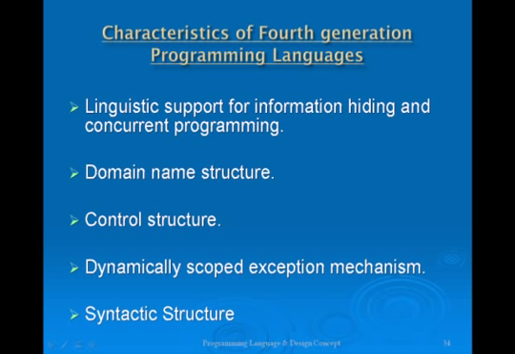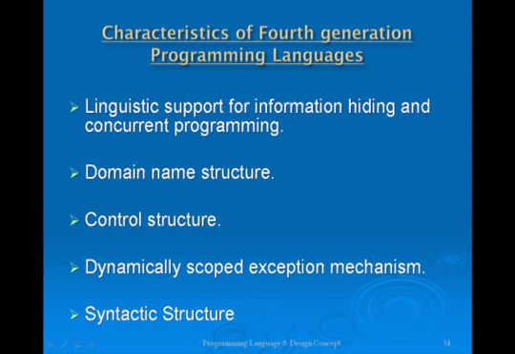The second area in which the fourth generation is distinctive is control structure, since it is characteristic of this generation to provide for concurrent programming. Most fourth generation languages use some form of message passing as a means of synchronization and communication among concurrent tasks.